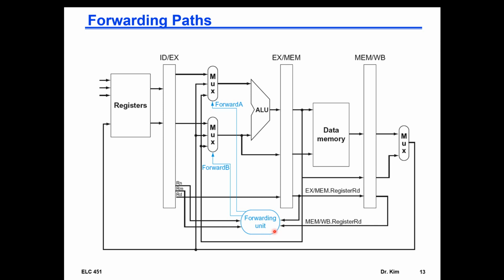So as you can see, this forwarding unit takes as inputs the source registers from the ID execution boundary register, and takes the destination from the execution memory boundary register and from the memory write-back boundary register. Those are the inputs that we need to see if we need to forward.